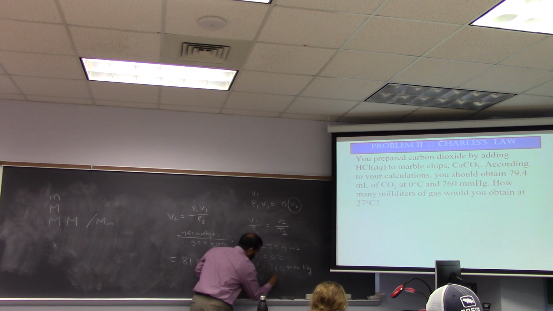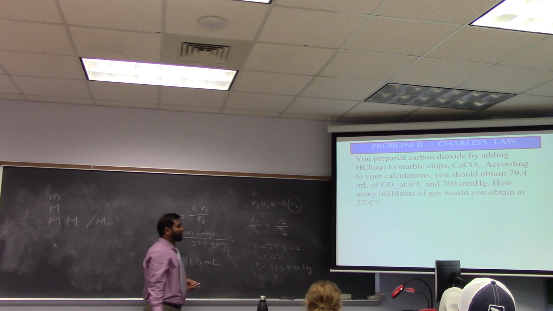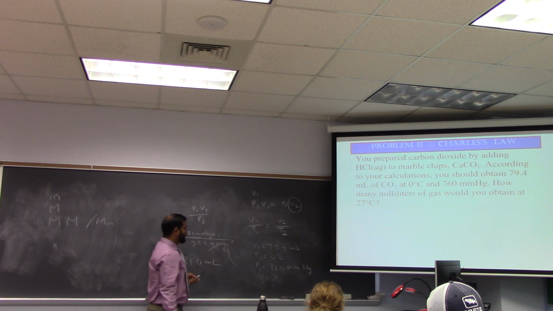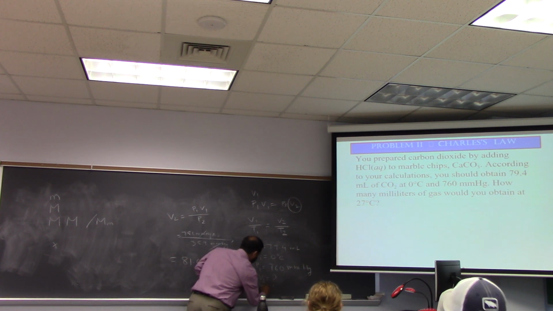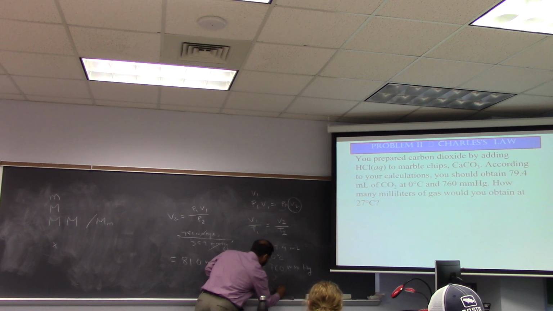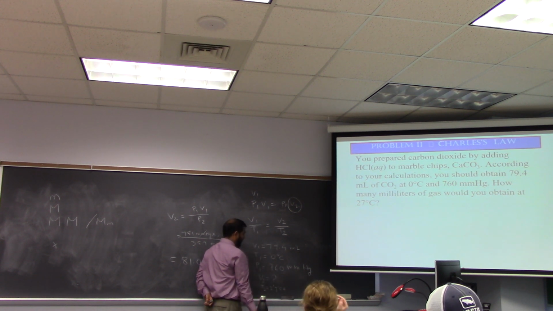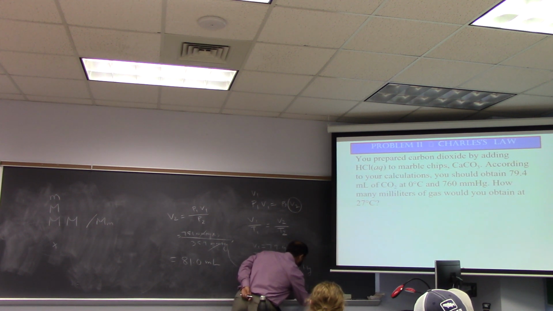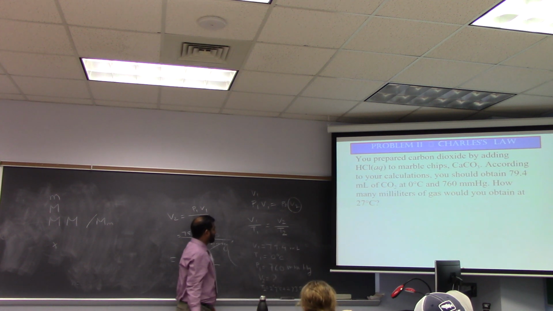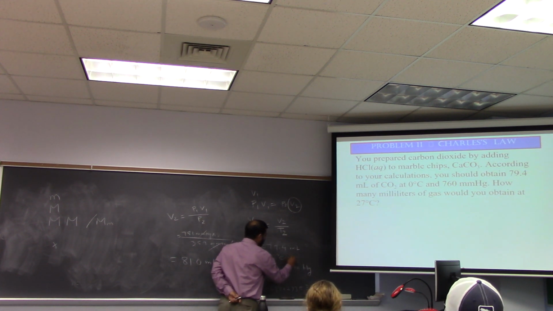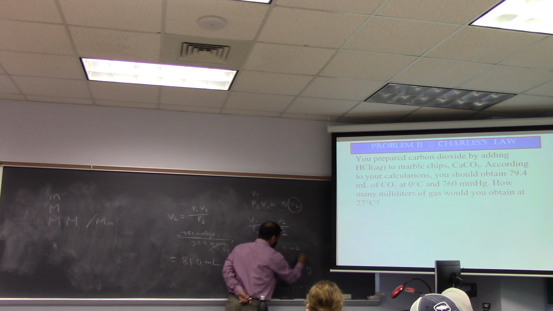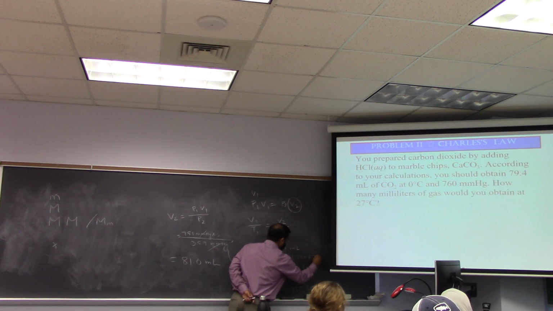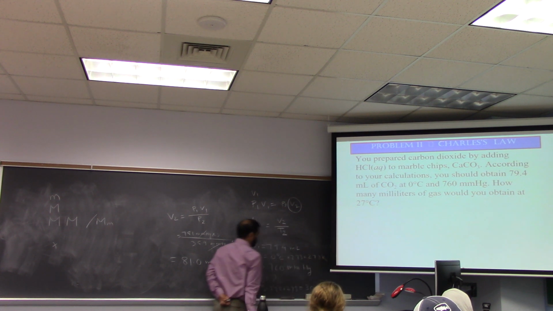Then we should write V2 is unknown, and T2 is also given. So T2 is 27 degrees centigrade, which we have to convert to Kelvin by adding 273, which is 300 K. And T1 is 0 degrees, that's also added with 273, that will be 273 Kelvin.